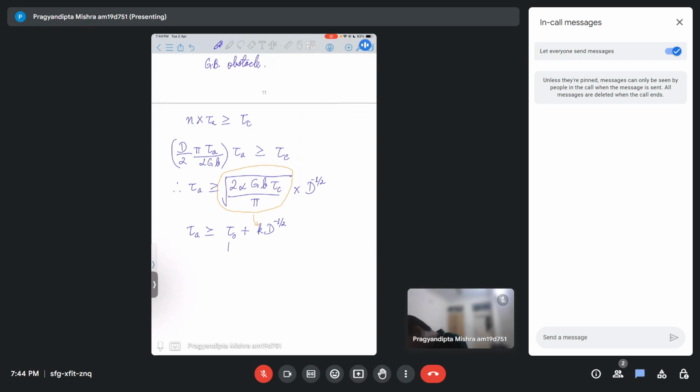It is added due to the friction stress which is present.